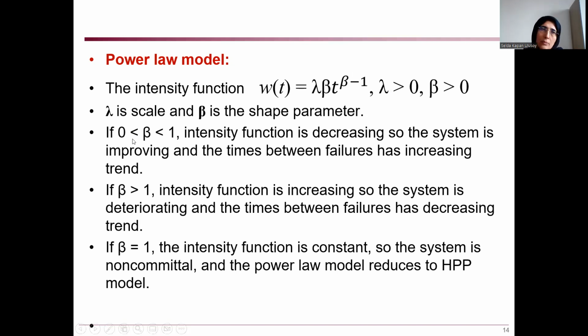If beta is between 0 and 1, then the intensity function is decreasing, so the system is improving, and times between failures have an increasing trend. If beta is greater than 1, the intensity function is increasing, so the system is deteriorating, and the times between failures have a decreasing trend. If beta equals 1, then the intensity function is constant in time, so the system is non-deteriorating, and the power law model reduces to the HPP model. As I said before, NHPP is a generalization of HPP.